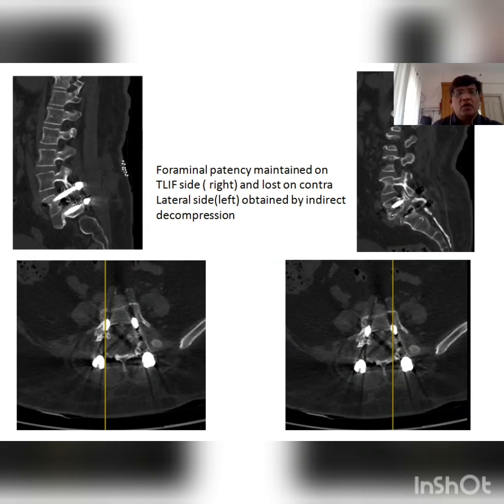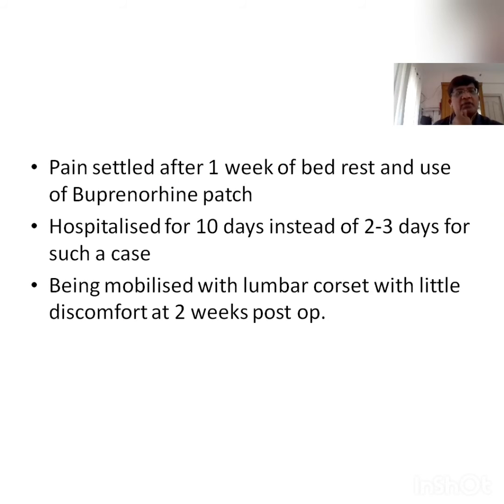So what happened is that after the patient was mobilized, the cage sank into the end plate, causing loss of distraction and the corresponding indirect decompression. This patient's pain settled after a week of bed rest and narcotic patches, but she had to be hospitalized for many more days than expected.